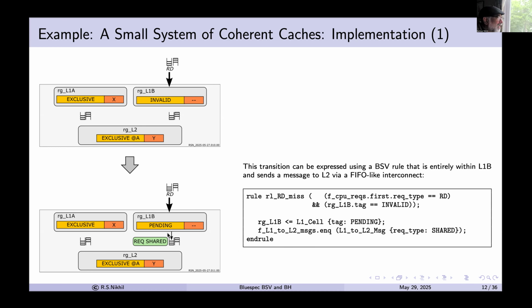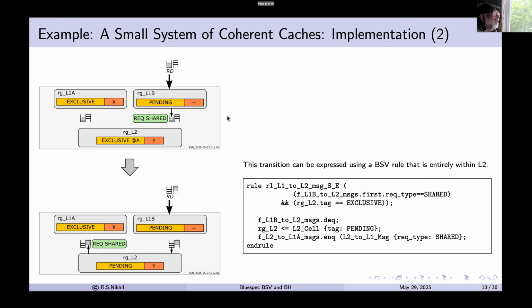Okay, once we're in this state, I'm going to move this in my next slide. The bottom picture is going to move up, and we're going to take the next state transition. Okay, so here we are in this state. And now what we want to do is on L2, if we get a shared request and we are in exclusive, L2 wants to go to pending, and we send a request to L1A saying, please downgrade yourself from exclusive to shared.